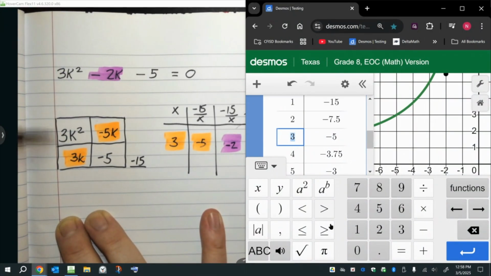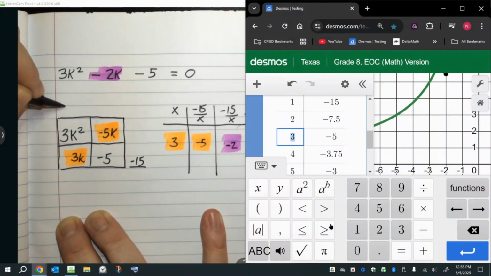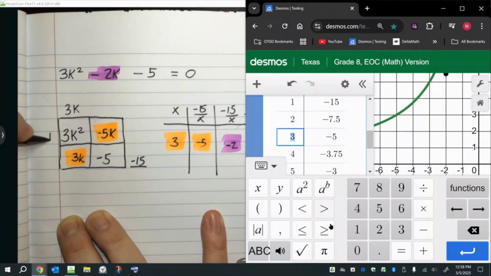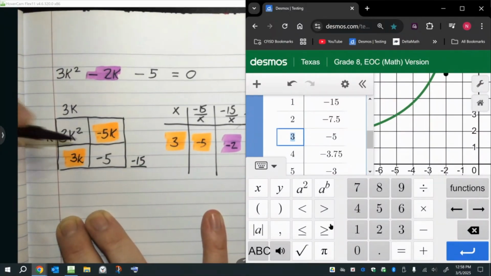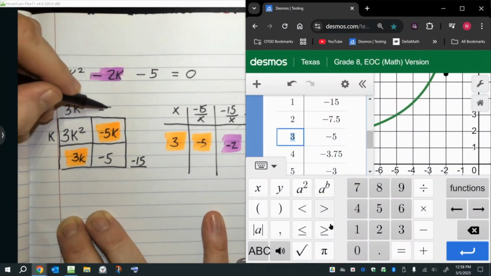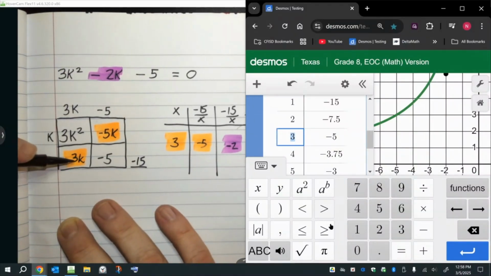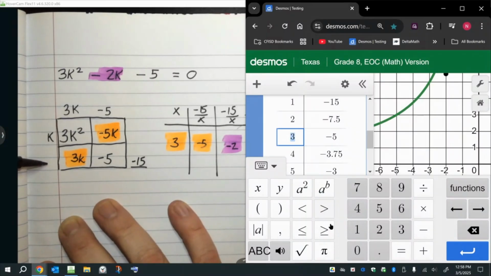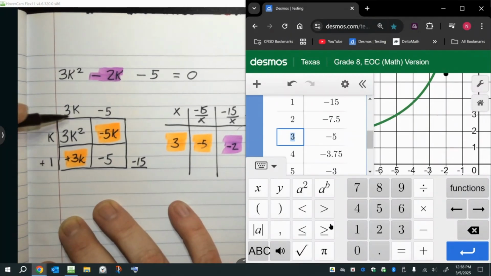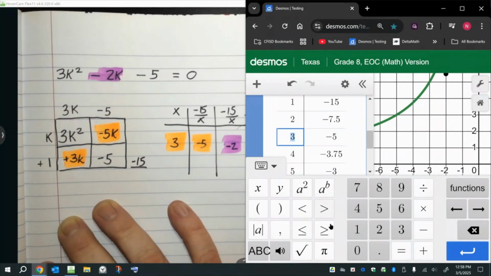All right. So GCF, 3 and 3, that's a 3K. 5 and 3, they're not divisible by anything other than 1. -5 and -5, they both have a common -5 about them. And then 3K and -5, the only thing common about them is 1. And I think it's going to be a +1 to make this positive 3K, -5, and 1 is -5.